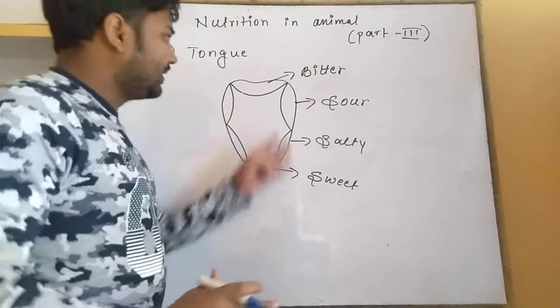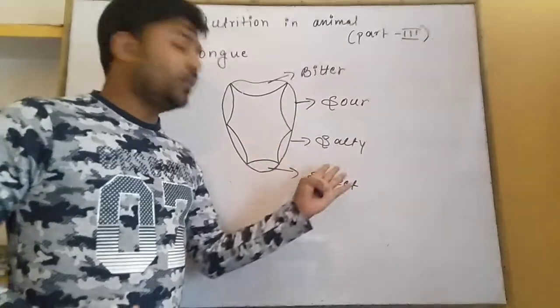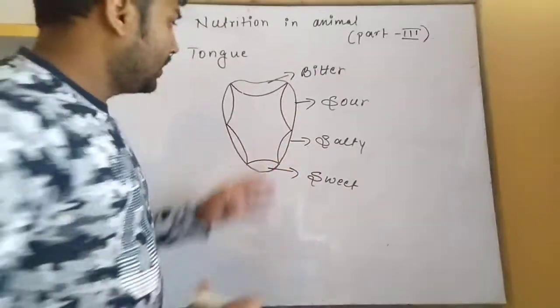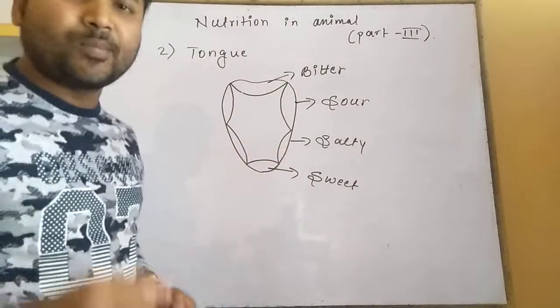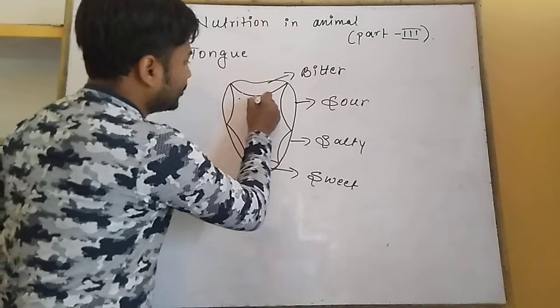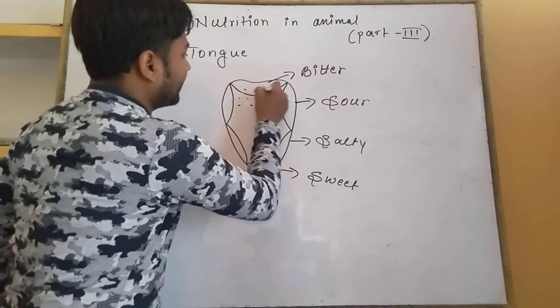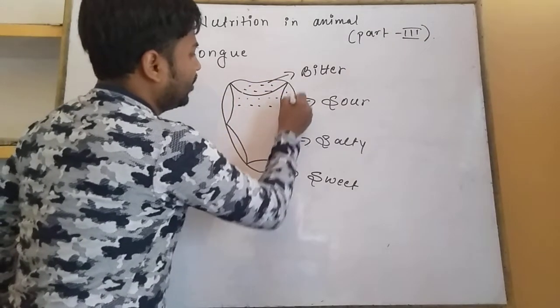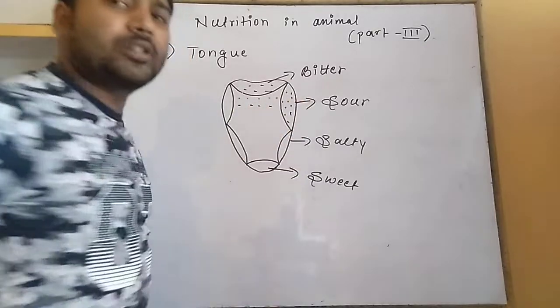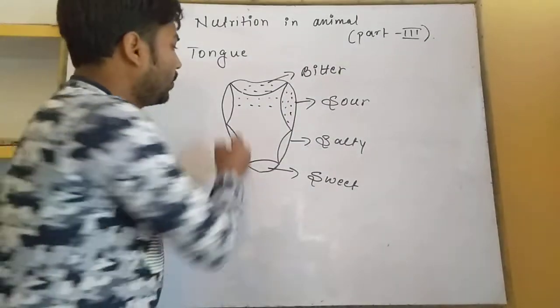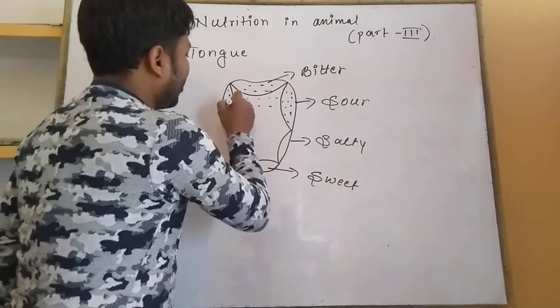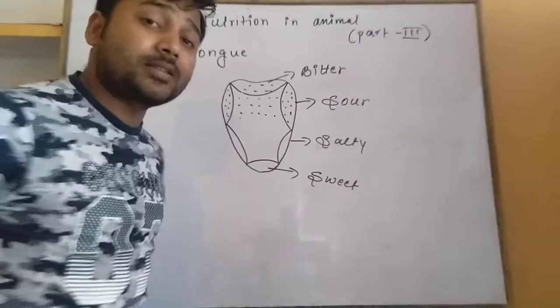Now, this is known as the taste word, which helps to test the food. This tongue is containing a small bud-like structure on the surface of the tongue. ये surface में छोटे-छोटे bud-like structure पाए जाते हैं, which is known as papilla. इसको हम लोग बोलते papilla. This is working as a bud on the tongue, helps to taste the food.